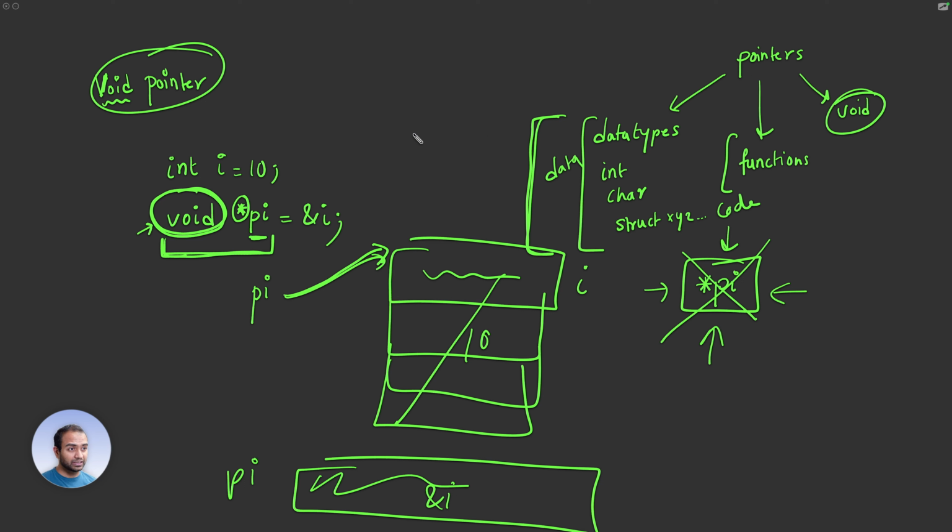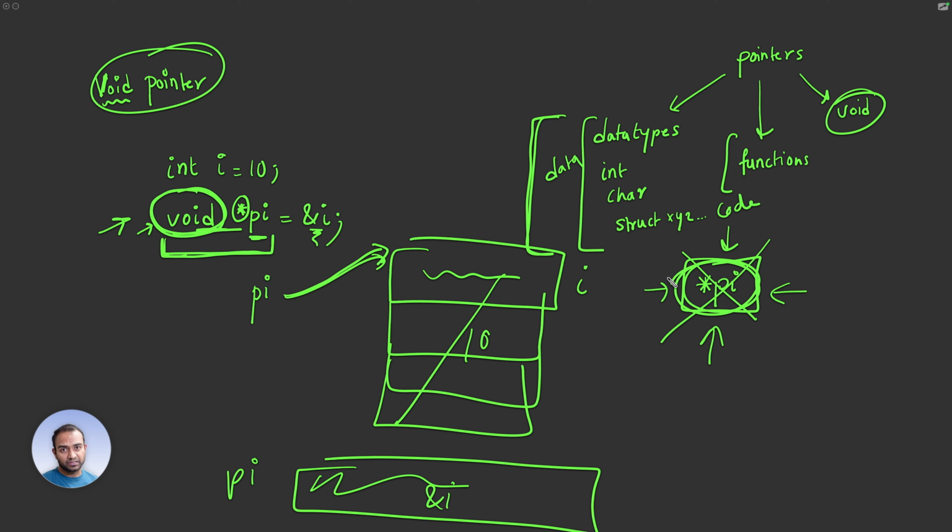The question then is, what use are void pointers? And that we'll cover in possibly 2 videos from now. These are extremely powerful. But the idea is that a void pointer simply holds the address and it cannot be dereferenced. That's the only thing that I want you to remember.